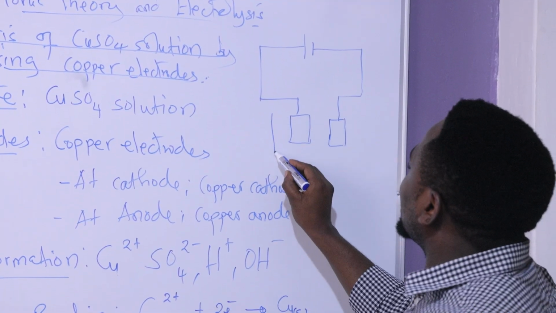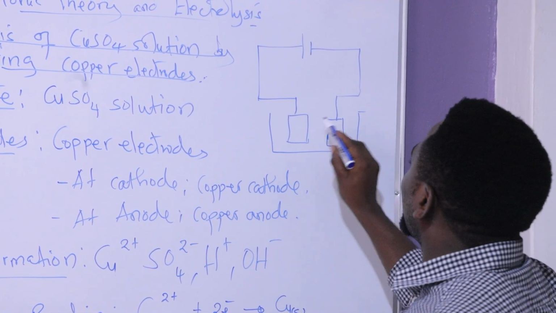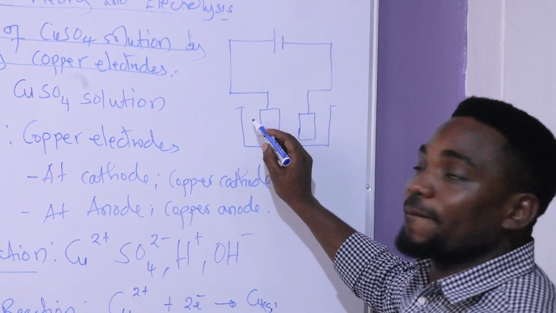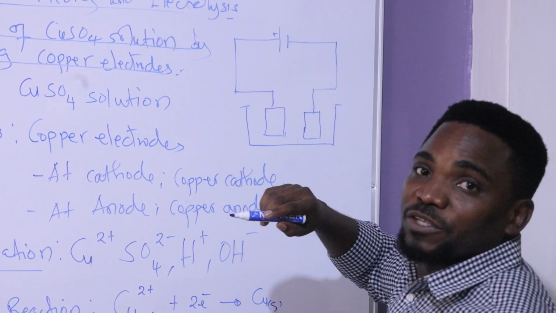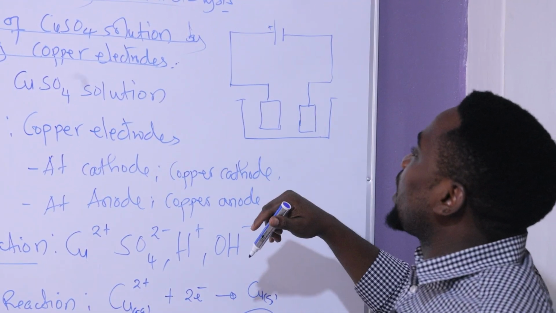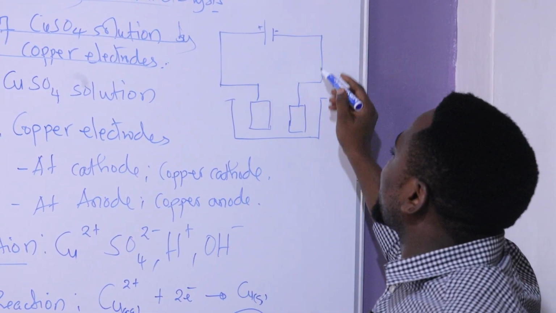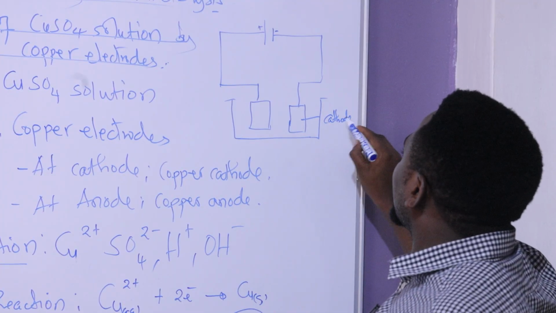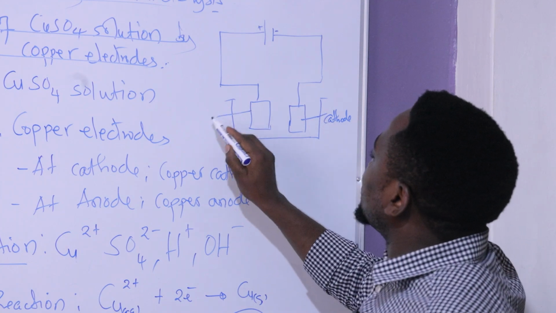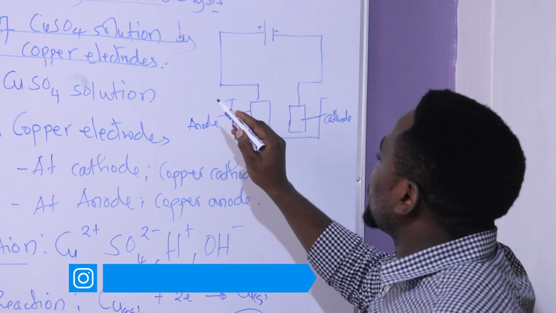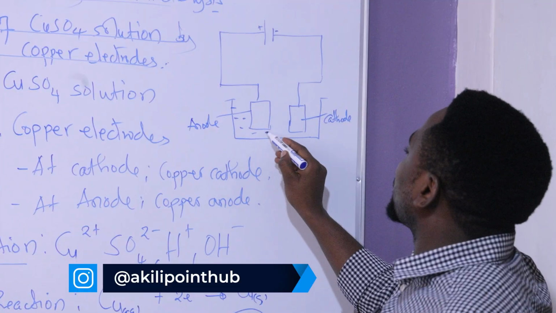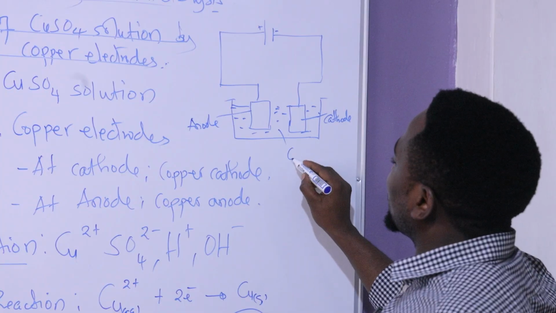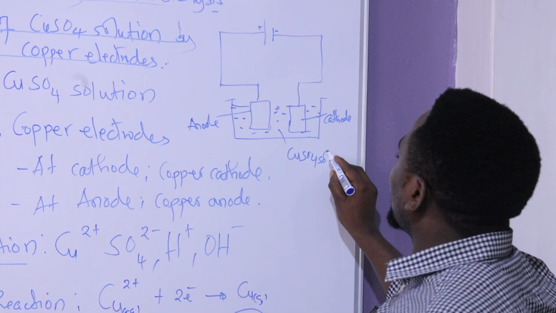This is the electrolytic cell and this is the battery. The positive terminal means this is the anode, and the negative terminal means this is the cathode. And here is the electrolyte that we have, which is copper(II) sulfate solution.